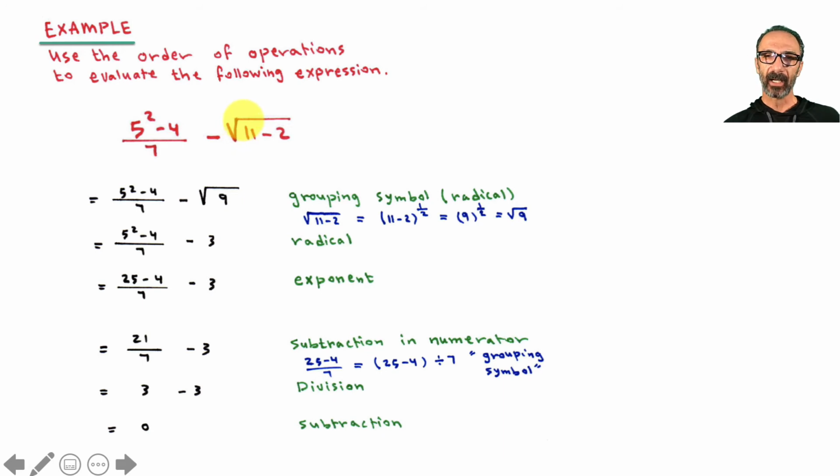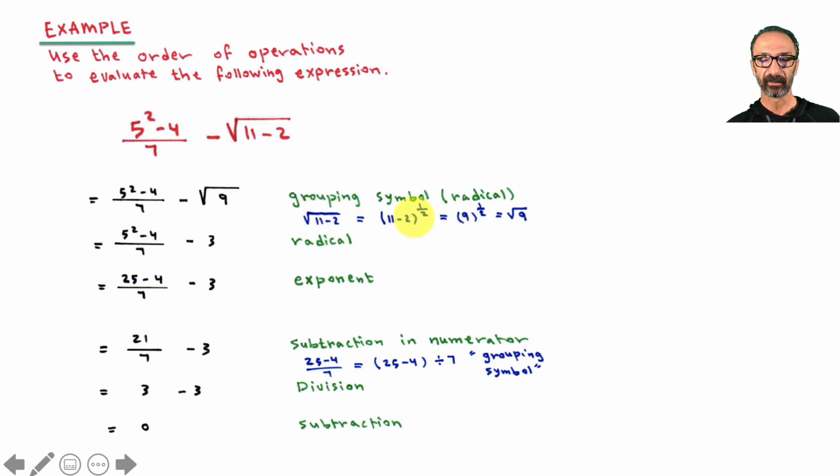As common sense, to find the square root of something, you need to know what that something is. So it's called a grouping symbol, radical, all right? Inside it, 11 minus 2 is 9. That's part of the game. Square root of 11 minus 2 is 11 minus 2 to the power half.